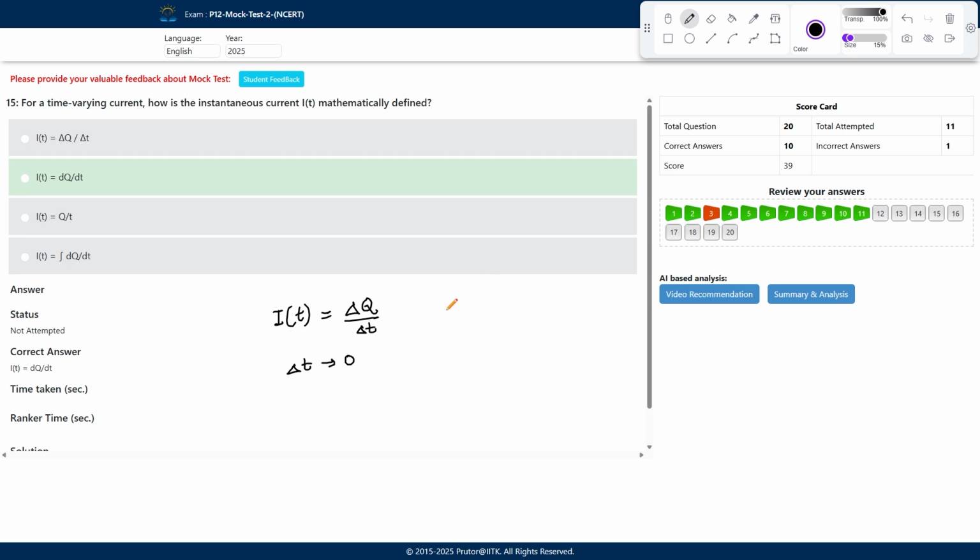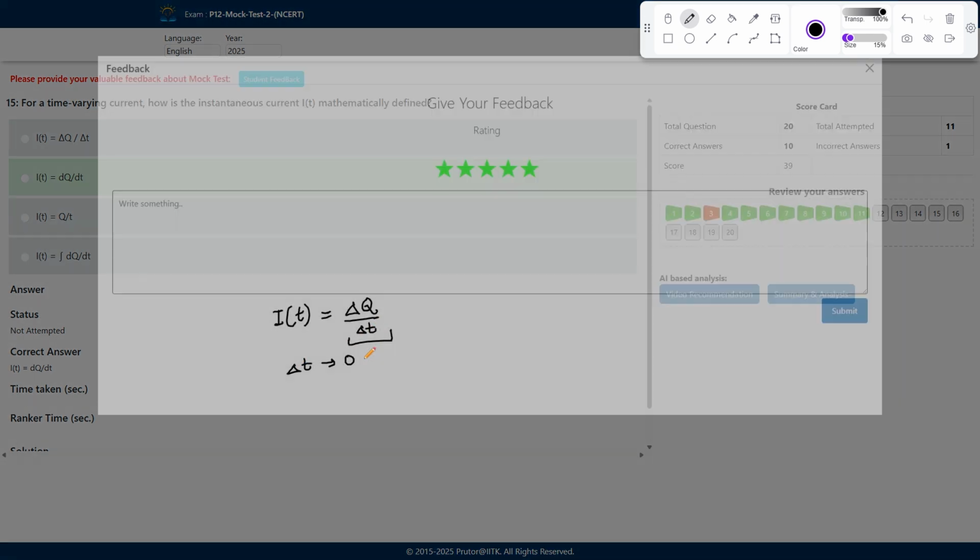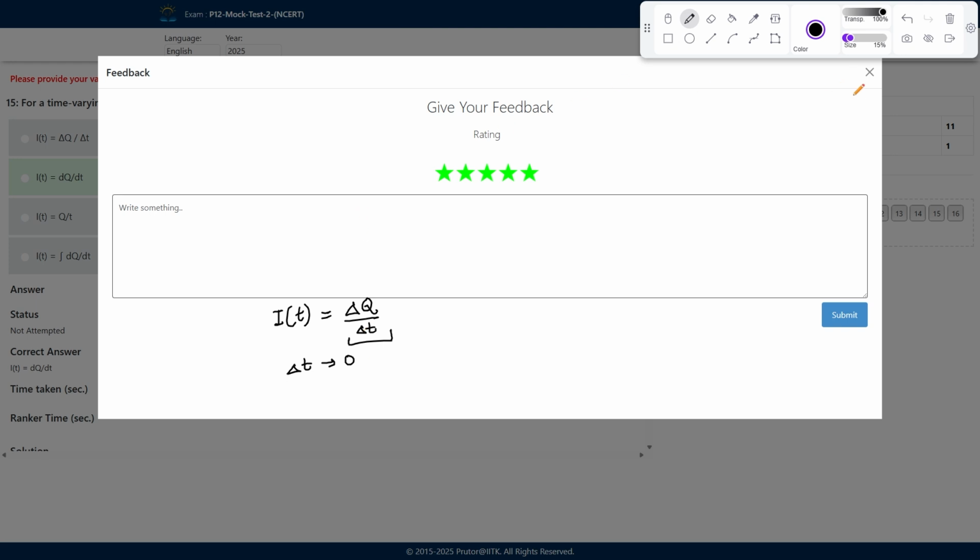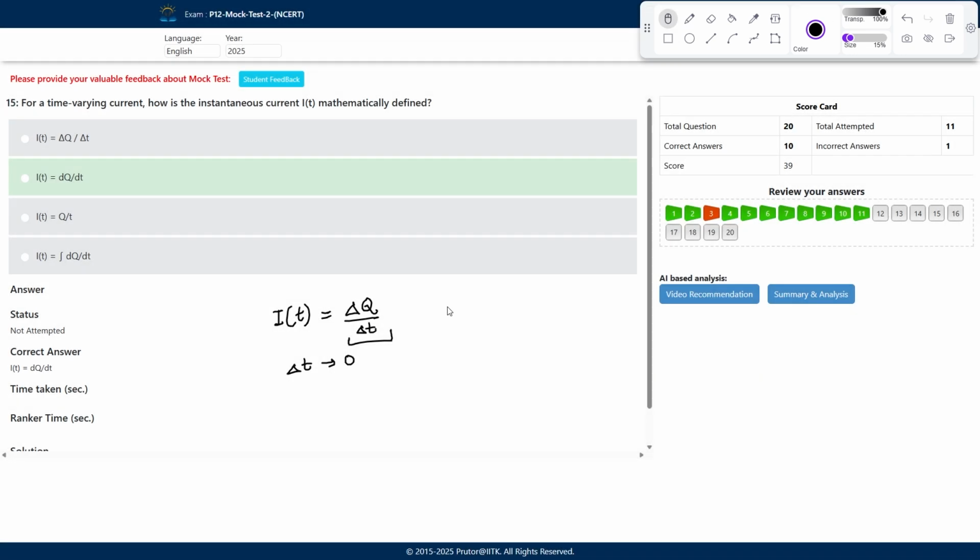So if the current is varying over a large time, we are reducing this interval to a point, which eventually becomes dq by dt.